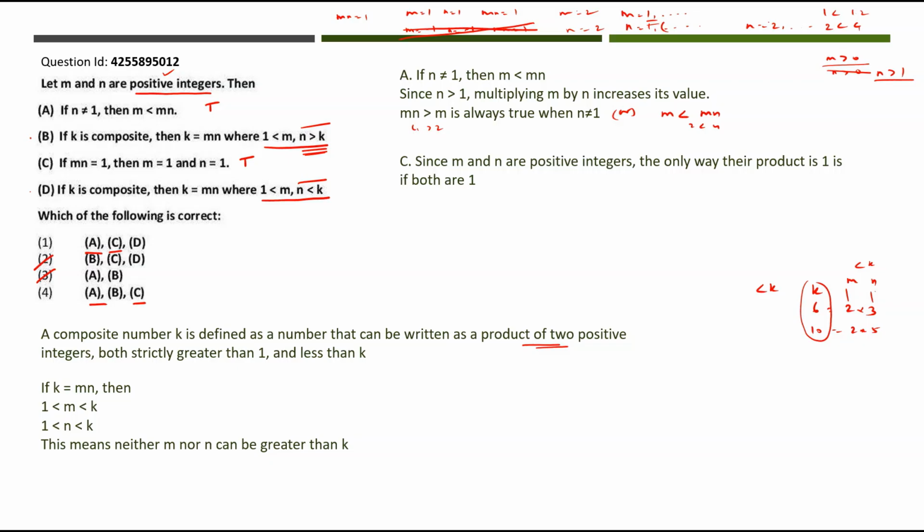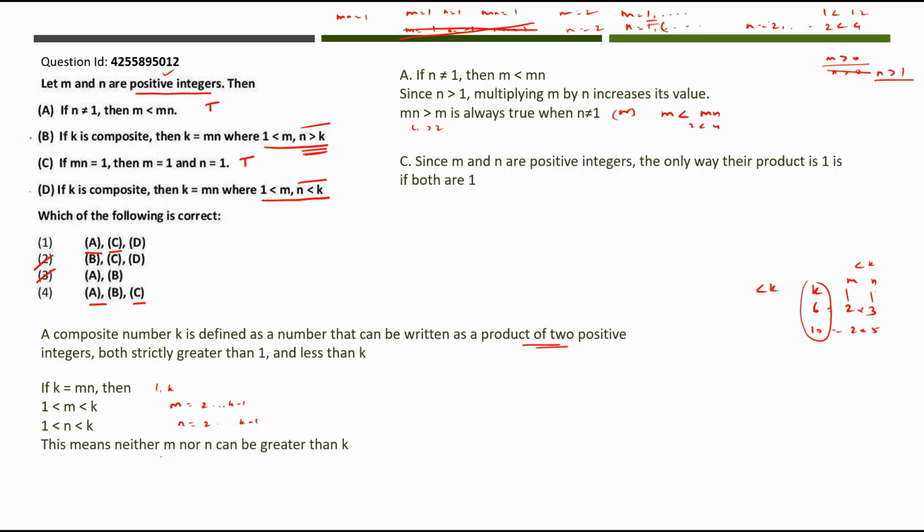It means m can have a value from 2 to k minus 1, 1 less than n less than k. n can be expressed from 2 to k minus 1. In both the cases, 1 is excluded and k is excluded. When a number is divisible by itself and 1, that becomes a prime number. Except then, everything is a composite number, meaning those two numbers are taken out. So 1 and k are taken out. Anything between them can be the range.